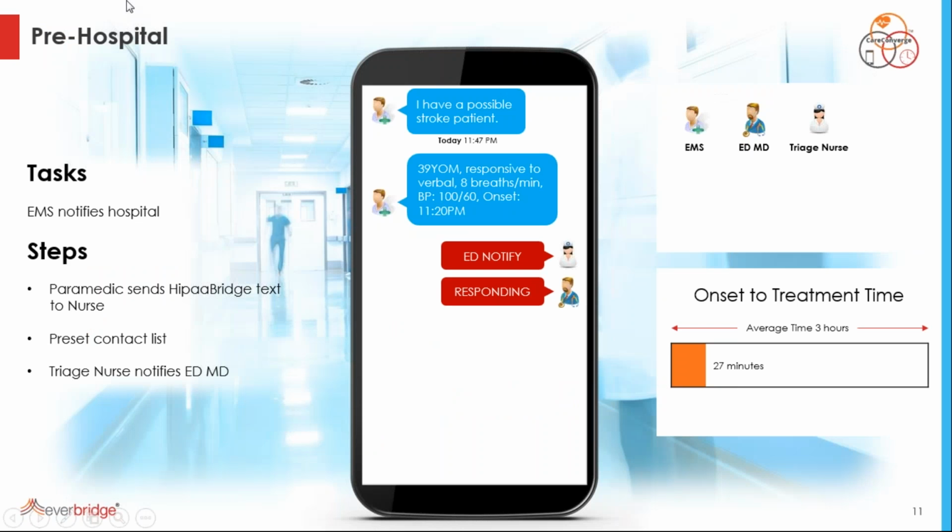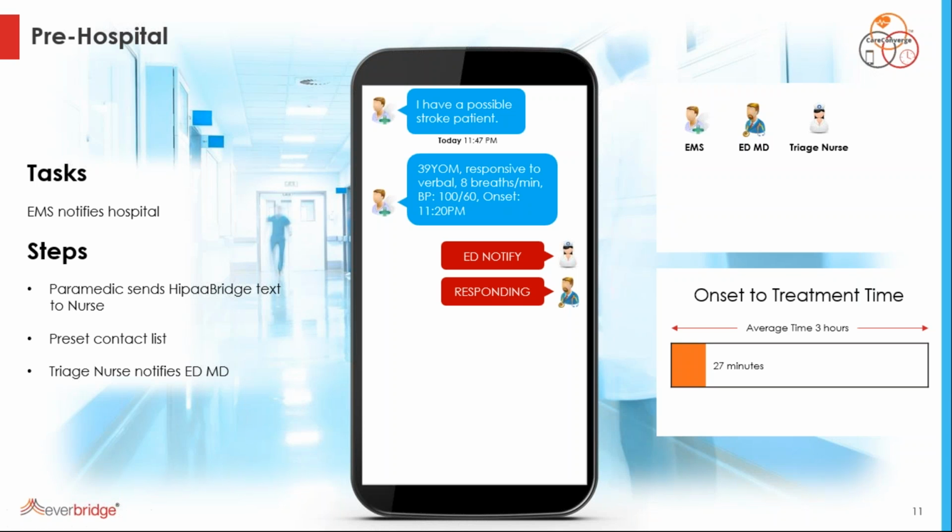So again, thanks for participating in the poll. What I'd like to do now is share a little bit of how Everbridge really works with customers, and give you an example story of how we've worked with customers using our technology to improve those challenges.